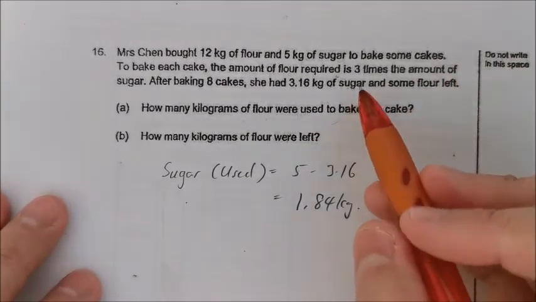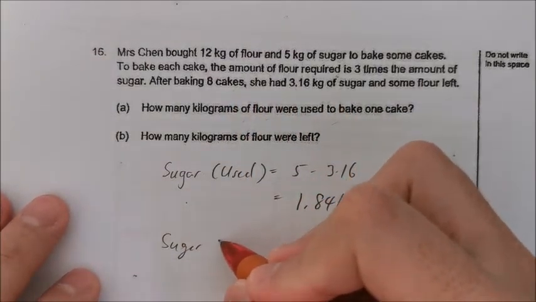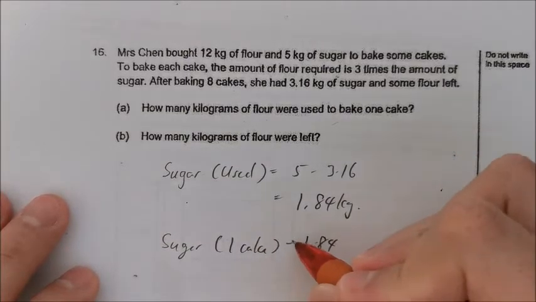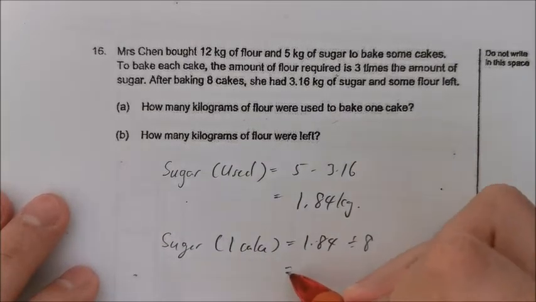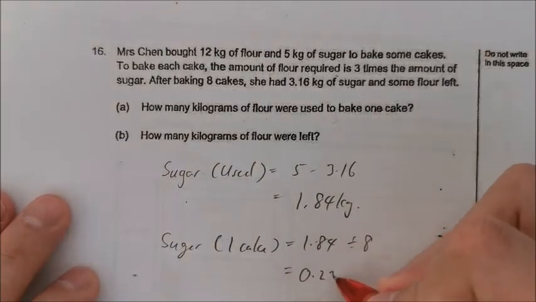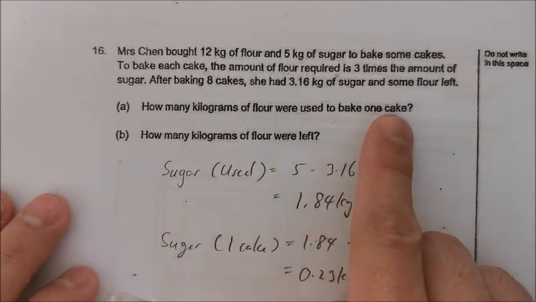And this 1.84 kg is used to bake 8 cakes, right? So what is the sugar used to bake 1 cake? 1.84 divided by 8. We have 0.23 kg.